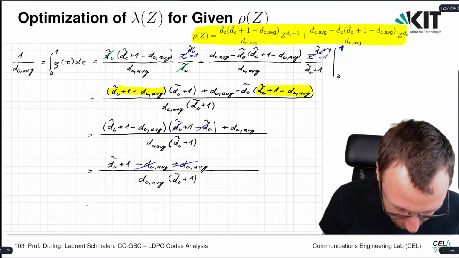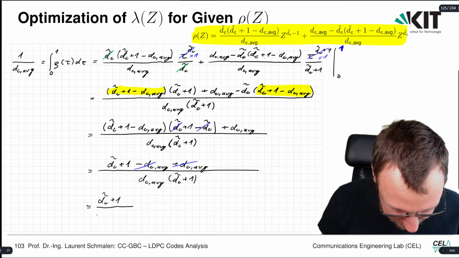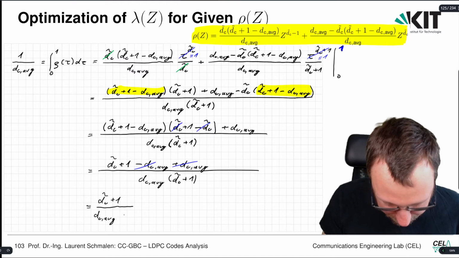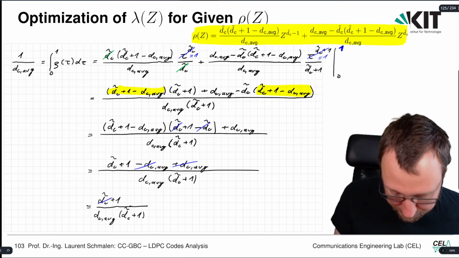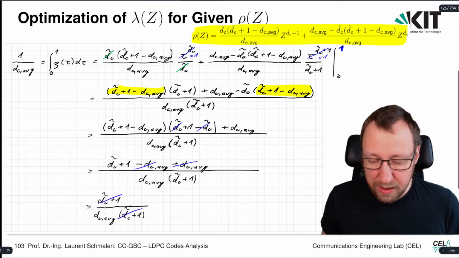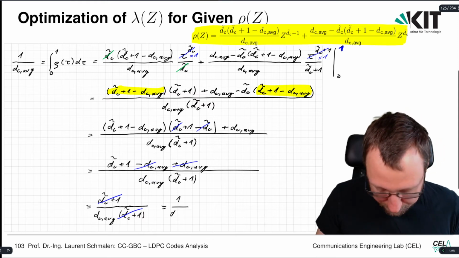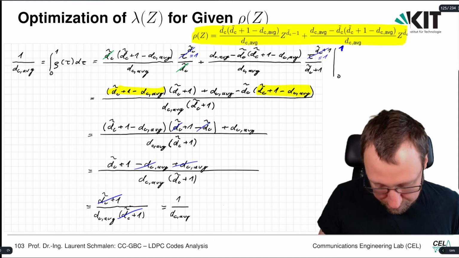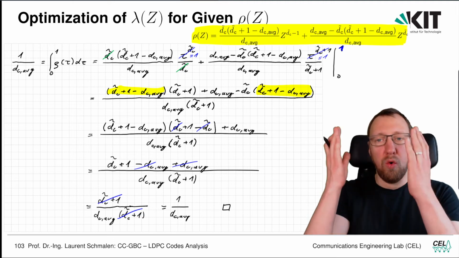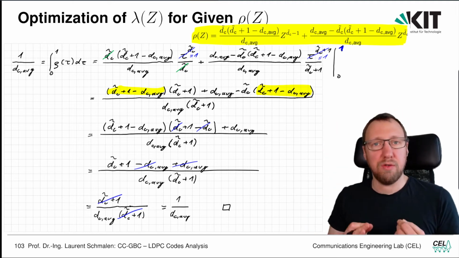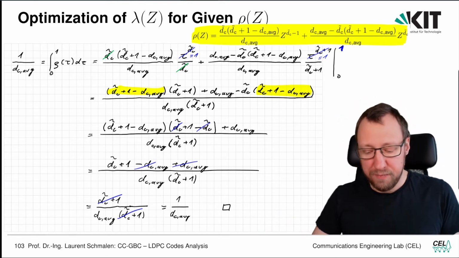So we are left with DC tilde plus 1 divided by DC average times DC tilde plus 1, and again we see DC tilde plus 1 cancels, and indeed we have 1 over DC average. So we have shown that the expression from the previous slide, this rho of z, indeed leads to an average check-node degree of DC average. So perfect. So we have done that.